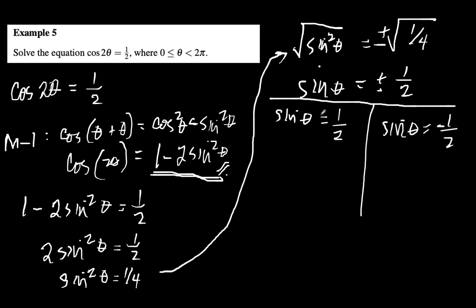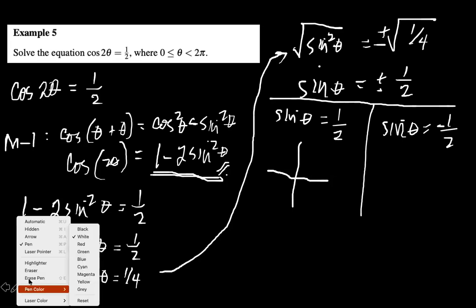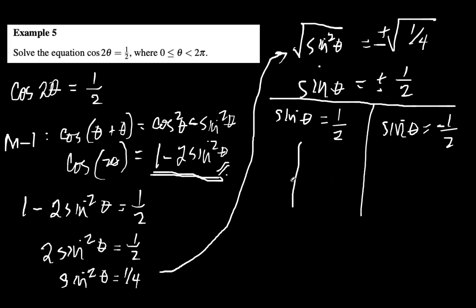So the problem here is: what is the value of theta wherein sine theta is equal to 1/2? We could use the unit circle again to solve these equations. Let me just fix this unit circle. There we go. So we have a unit circle, and the 1/2 could be found here.